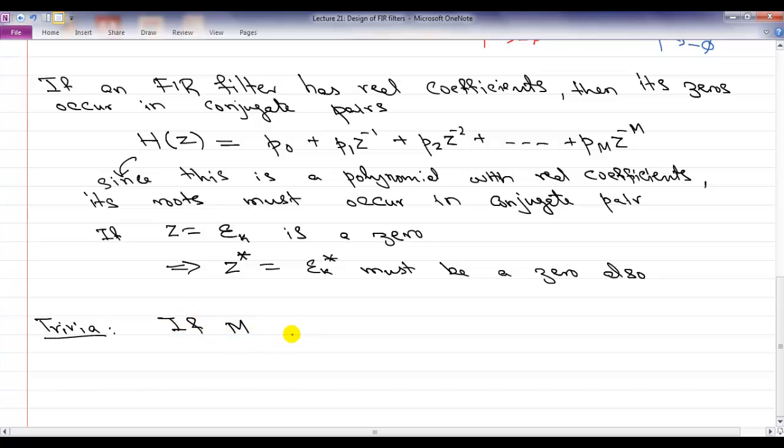If M is odd, which means that the filter has an even length.